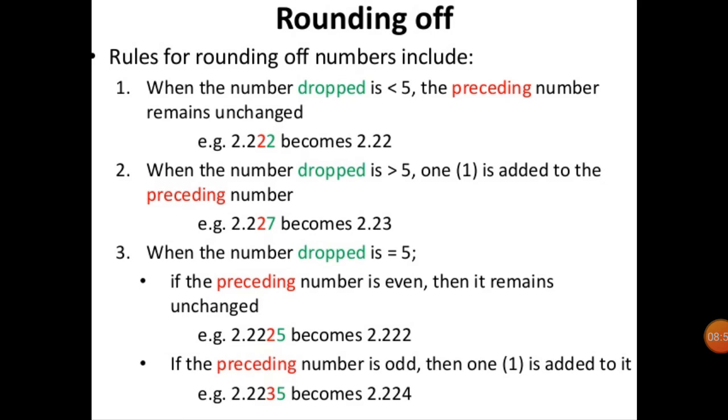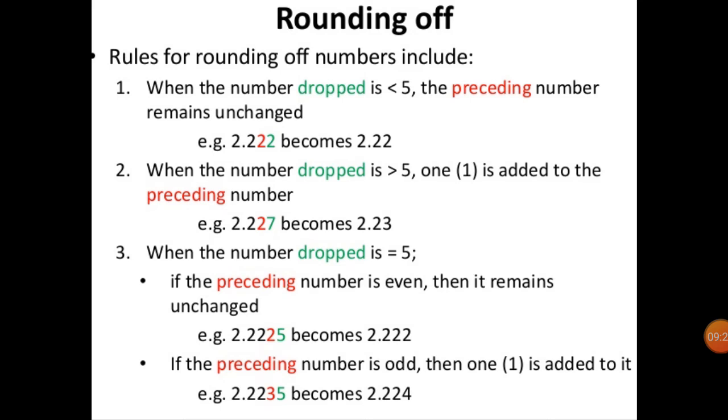You drop the last 2, and as it is less than 5, the preceding number remains the same. Second rule, when the number dropped is greater than 5, then 1 is added to the preceding number. For example, 2.227 becomes 2.23 because 7 is greater than 5.